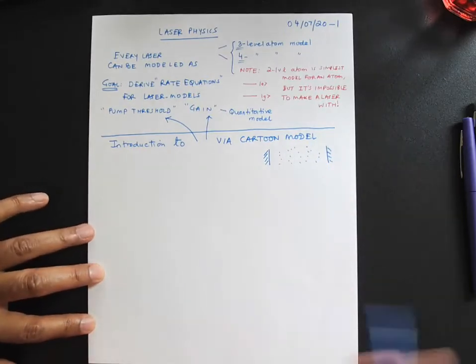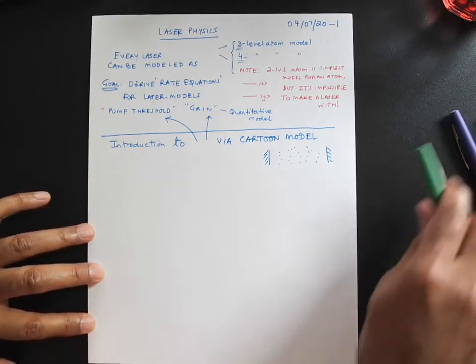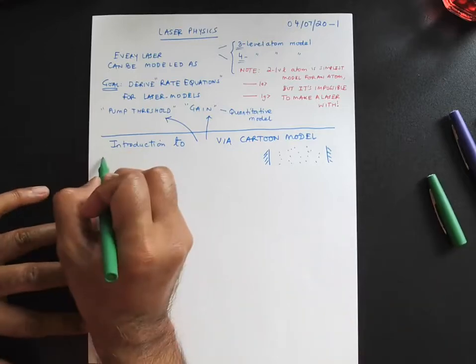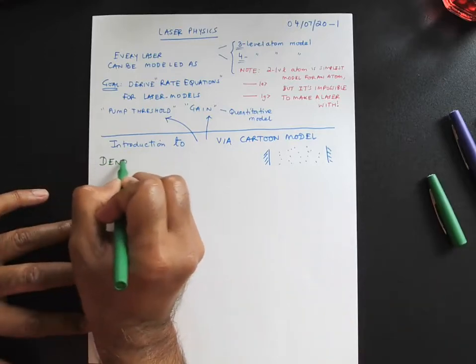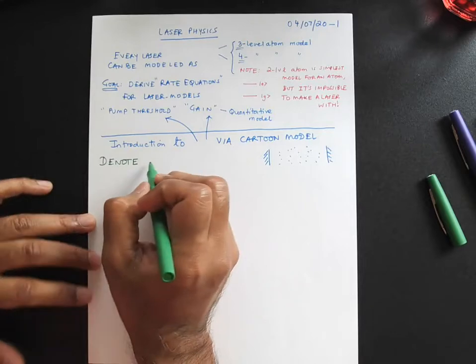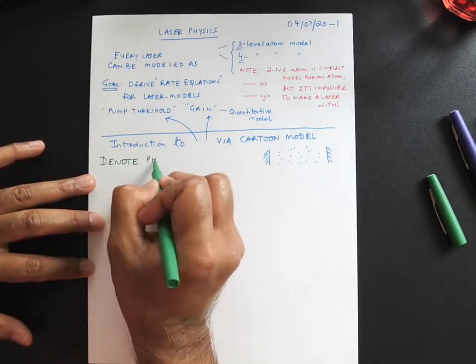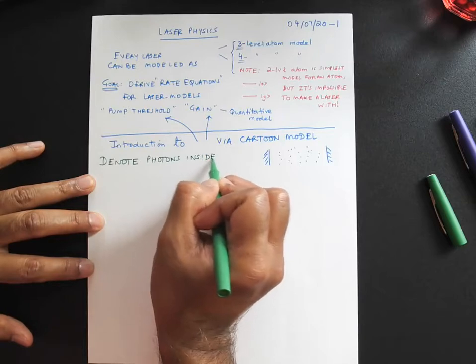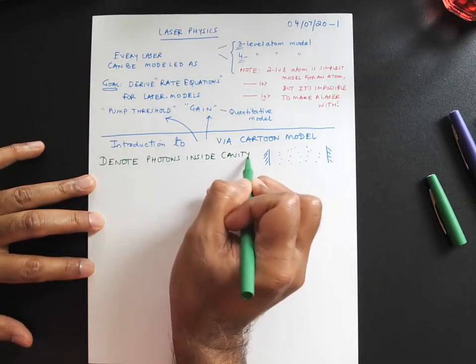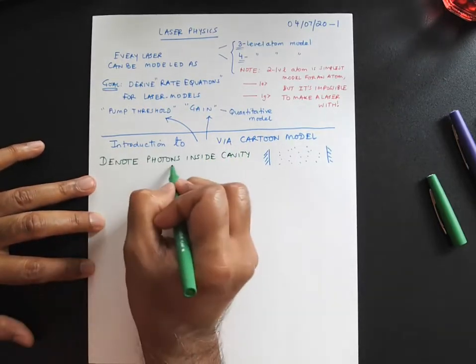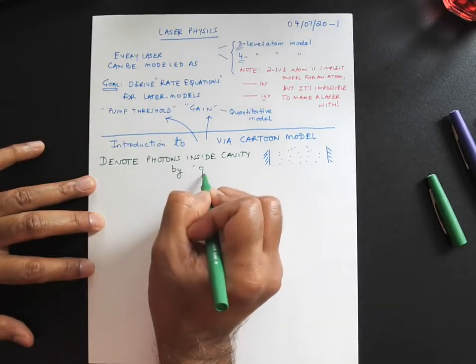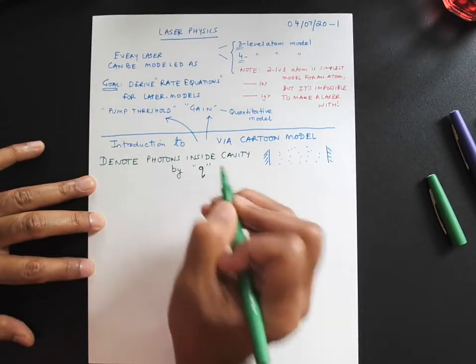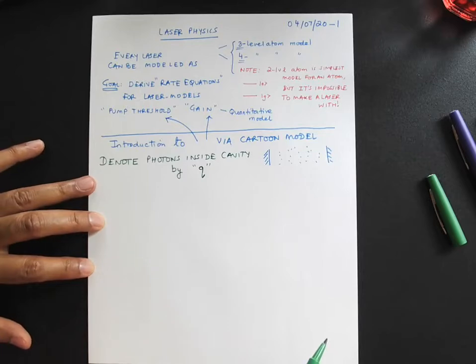What we're going to do is denote the photons inside the cavity, the intracavity photons, by Q. So there's Q number of photons inside the cavity.